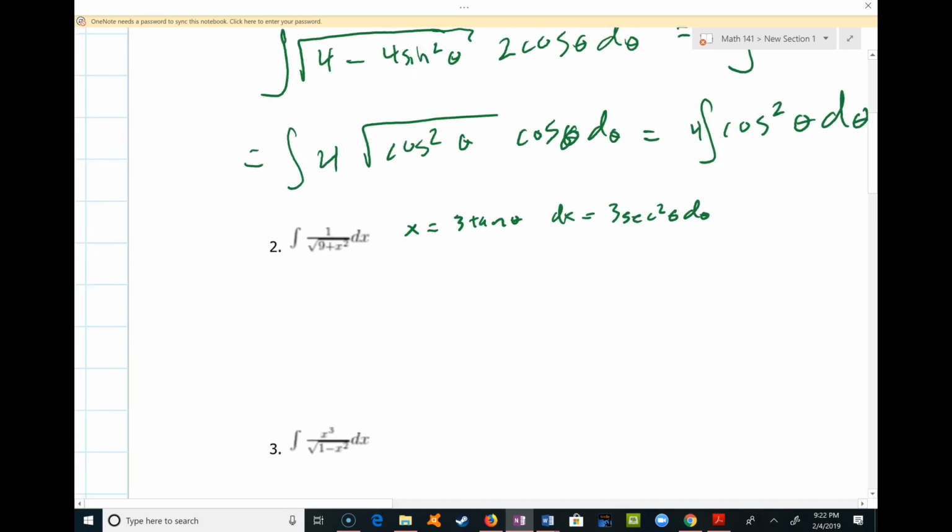So my integral is going to be, the dx will be replaced with that, so I'll have 3 secant squared theta d theta on top. And on the bottom, I'm going to have the square root of 9 plus 9 tangent squared theta.